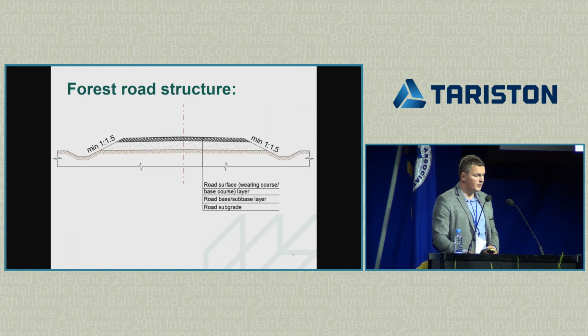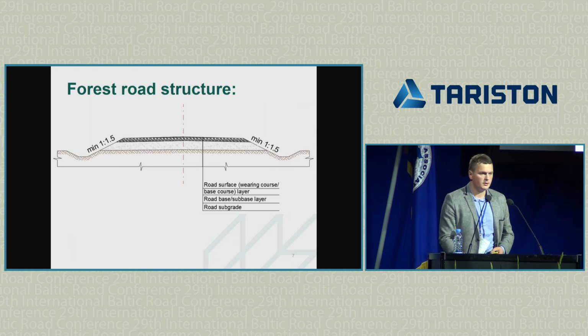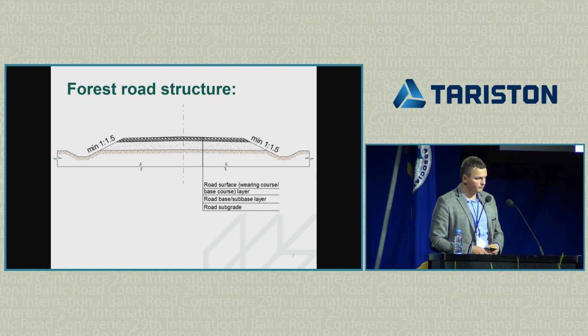Here you can see the typical forest road structure. We have the road surface layer, road base, sub-base layer, and road subgrade. We decided to work with the surface layer, first because on the surface layer we can get specified material which follows a more or less constant, determined particle distribution.